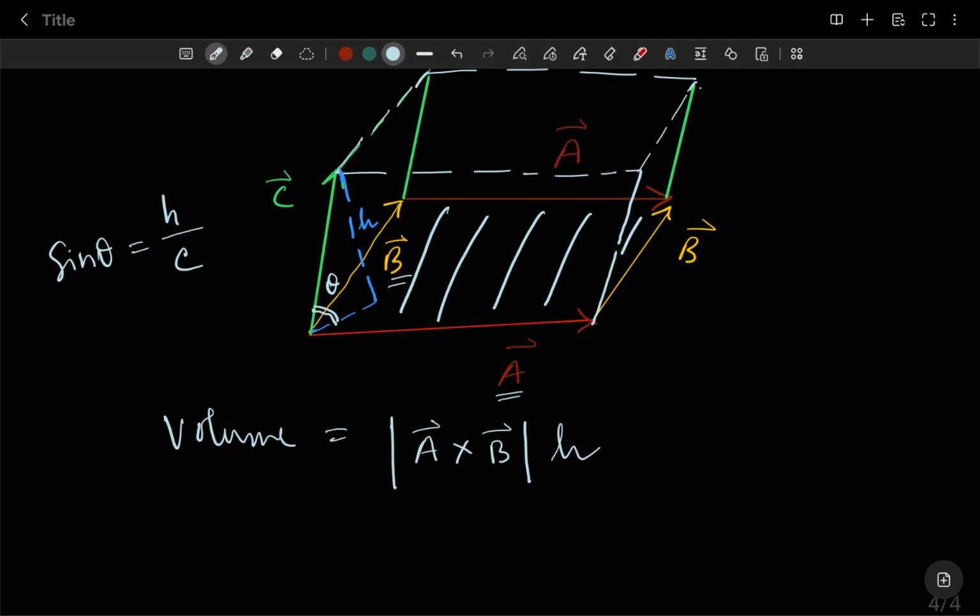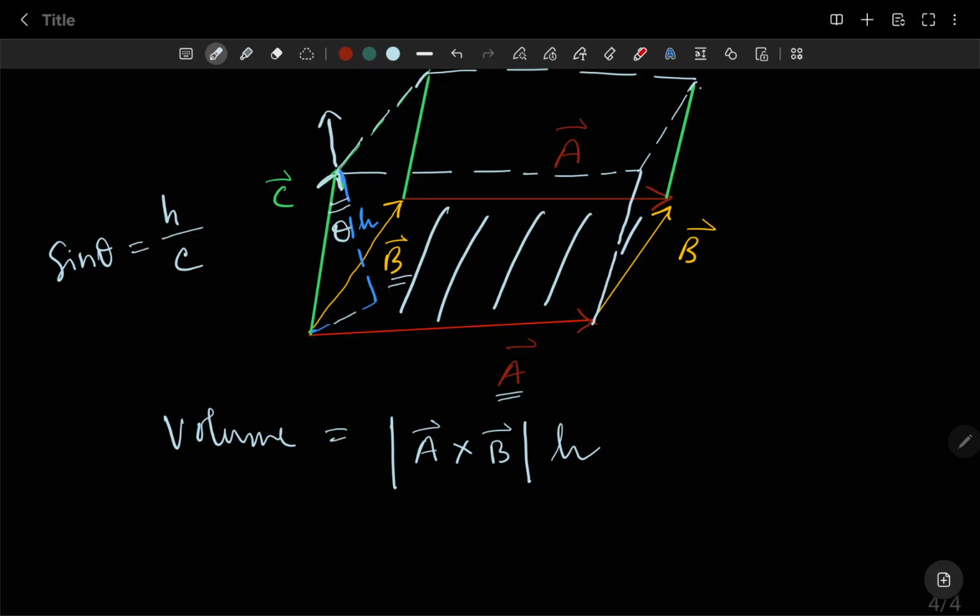Let us take this angle as theta. So theta is the angle between this height, the perpendicular direction to the floor, and the C vector.